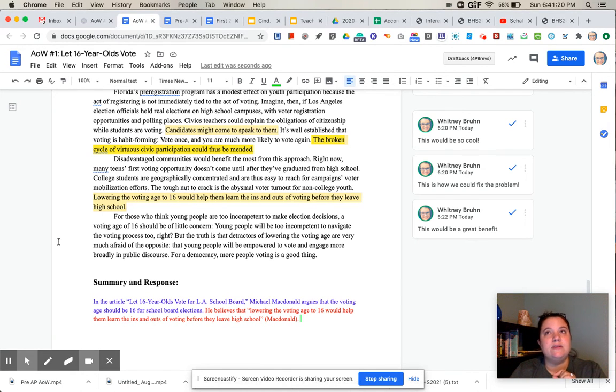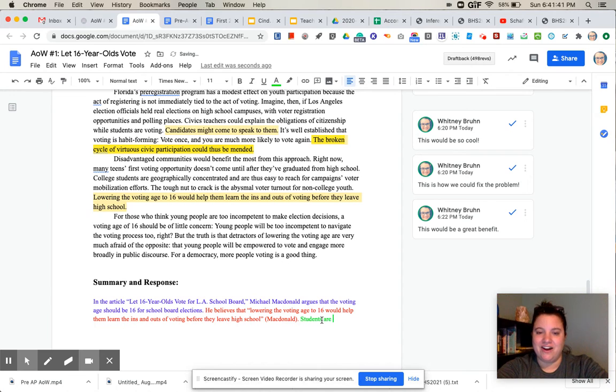Now, commentary sentences are supposed to be your words only. So you don't want to add more quotes from the article in your commentary sentences. You want that to be your own words and explanation. So I'm going to say, students, maybe, am I typing? What's going on? Okay.